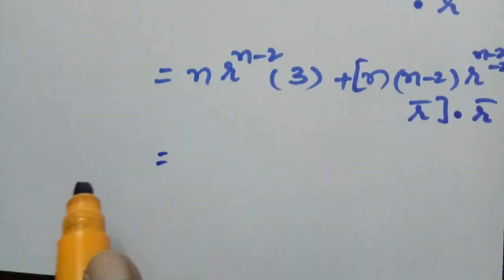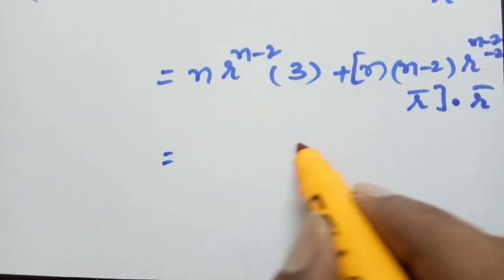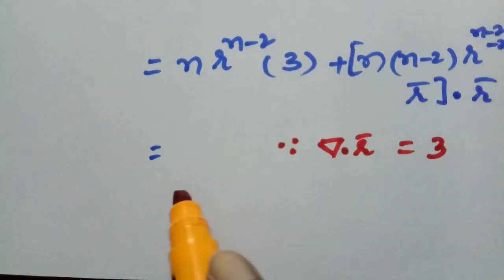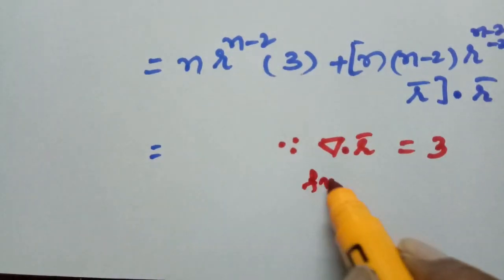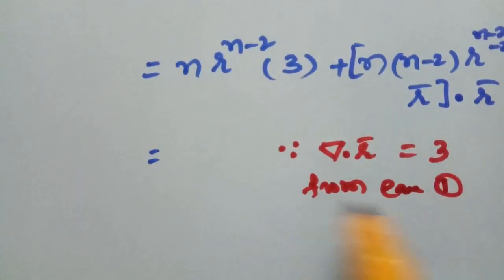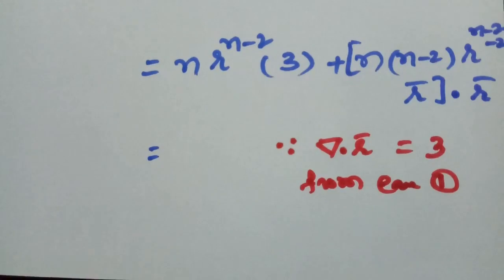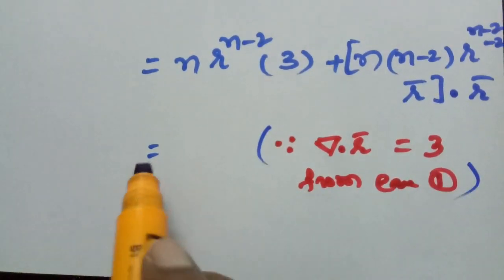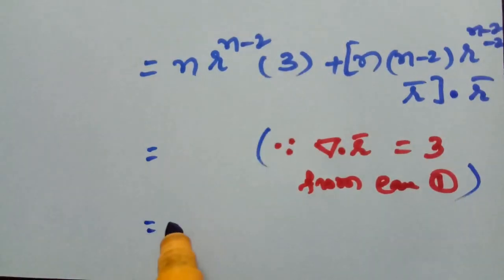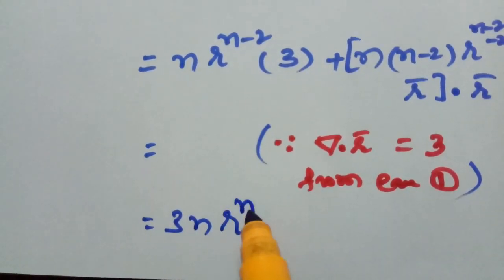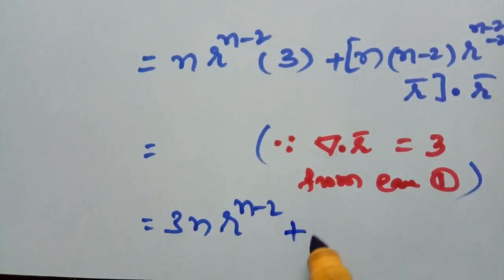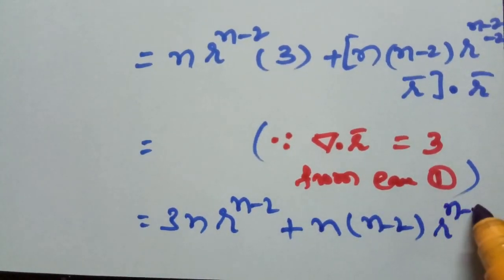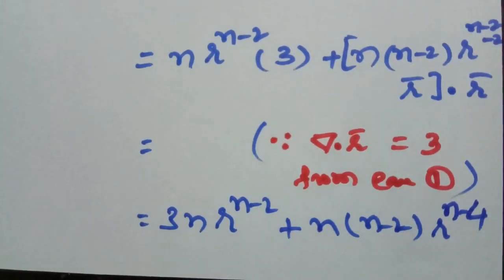Therefore this is equal to, since we already proved that del dot r bar equal to 3, and from equation 1, this is equal to 3 into n into r power n minus 2 plus n into n minus 2 into r power n minus 4 into r bar dot r bar.